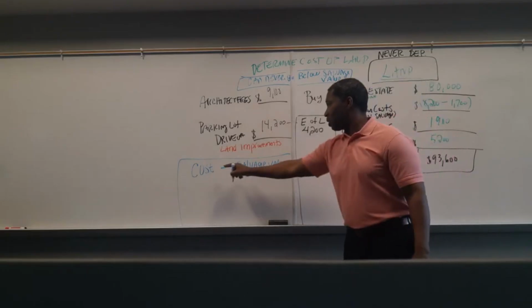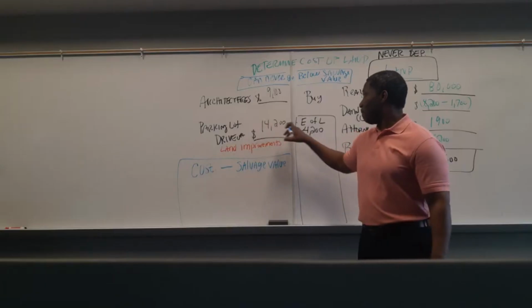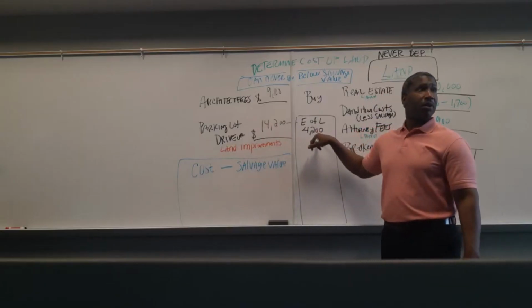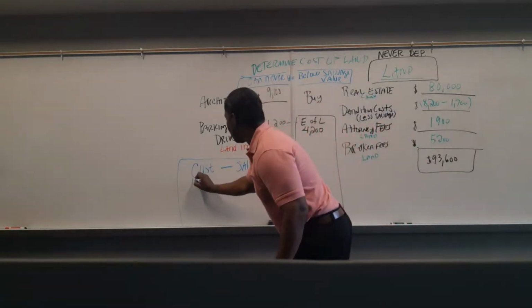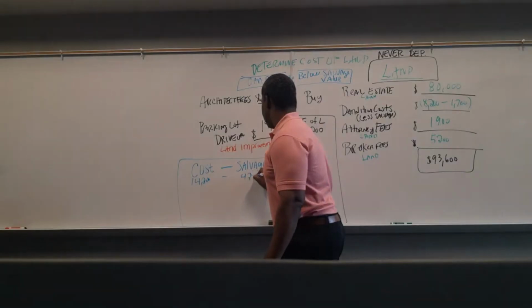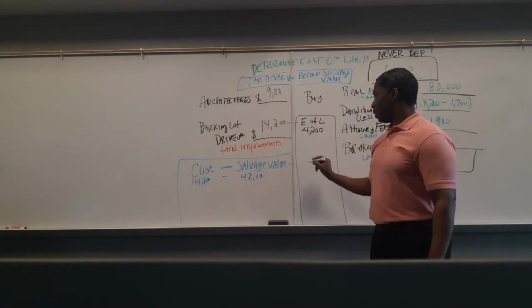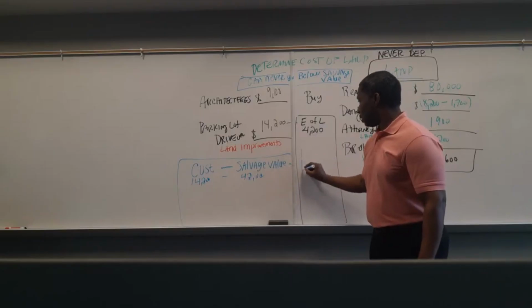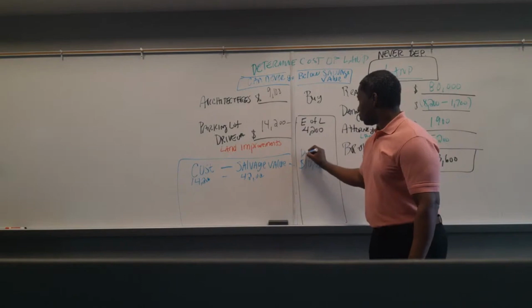So you take your cost, right? $14,200. How much will it be worth at the end of the time? $4,200, right? So in this case, we have $14,200 minus $4,200. That leaves us with how much that we can depreciate? $10,000. And that's what we refer to sometimes as a depreciable cost.